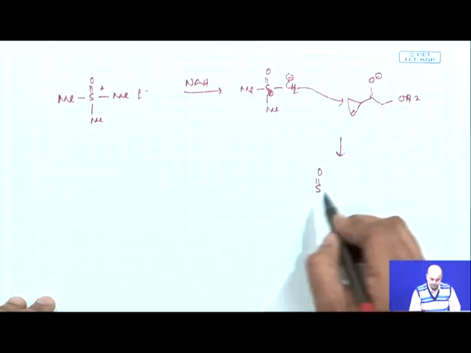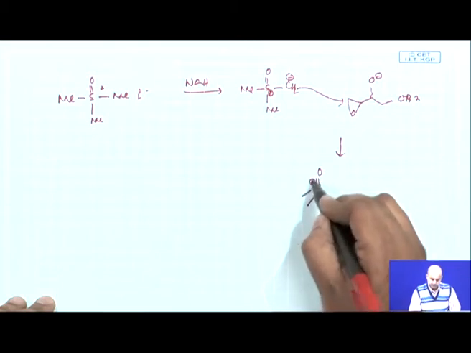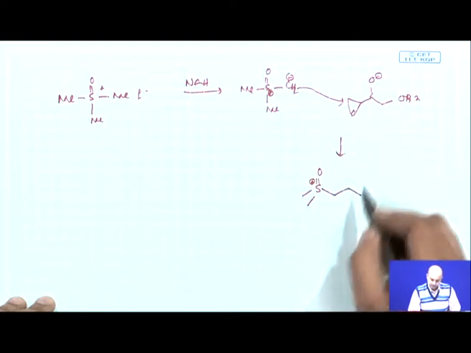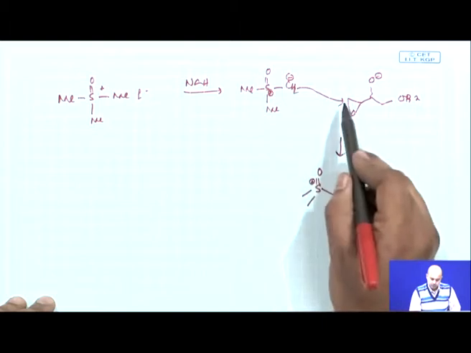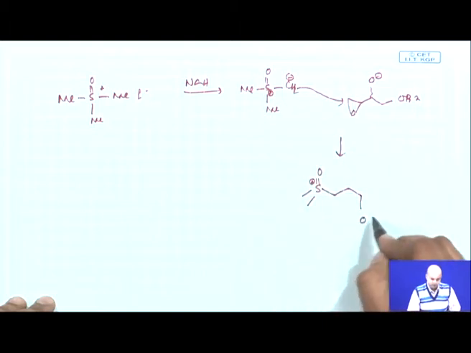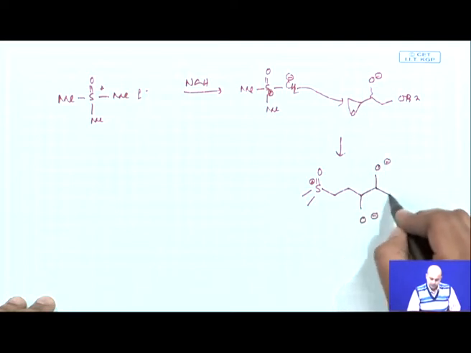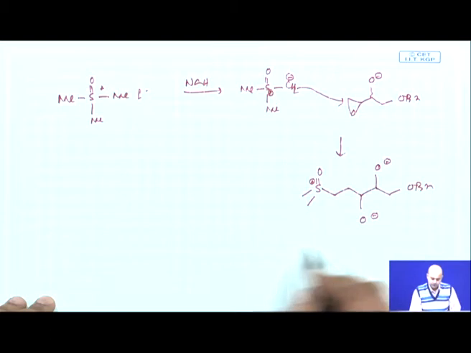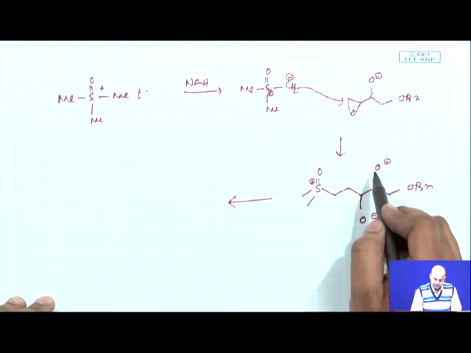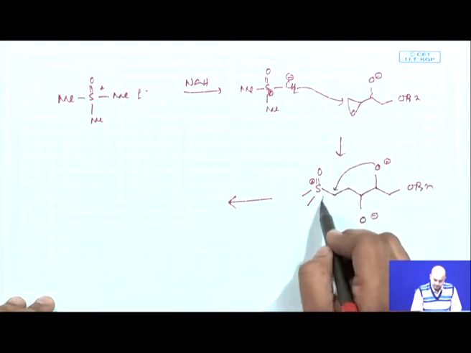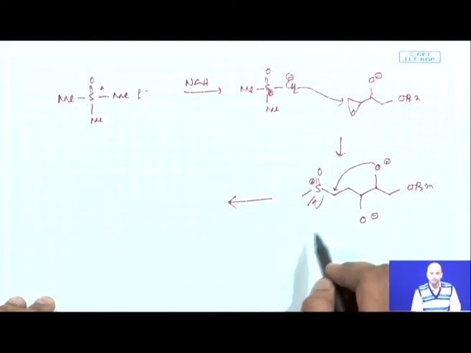Now, what do we get? The epoxide opens up and one CH2 is added, and your oxygen is now O minus. Now, if this O minus attacks at this carbon, the dimethyl sulfoxide will be leaving as a leaving group.